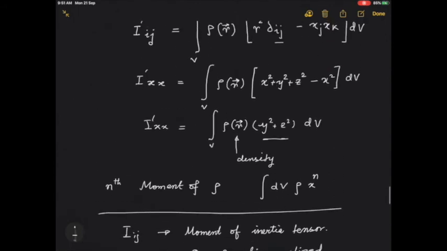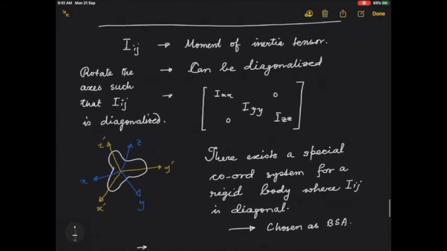We'll see it shortly. This is called the principal axis. It is special for a given body and depends on how the mass is distributed in the body. As you can see, I have drawn the three axes in this particular body in this particular way, because if you actually calculate for such a body, the principal moments of inertia will be along these three axes. This is also called the principal moment of inertia.